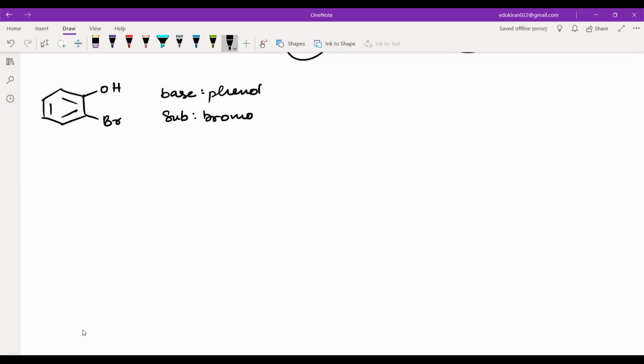Now, if I want to write, I will just write 2-bromophenol. Since we have 1,2, the substituents are present on adjacent carbon atoms, and hence we can say that this is the case of what? This is the case of ortho.